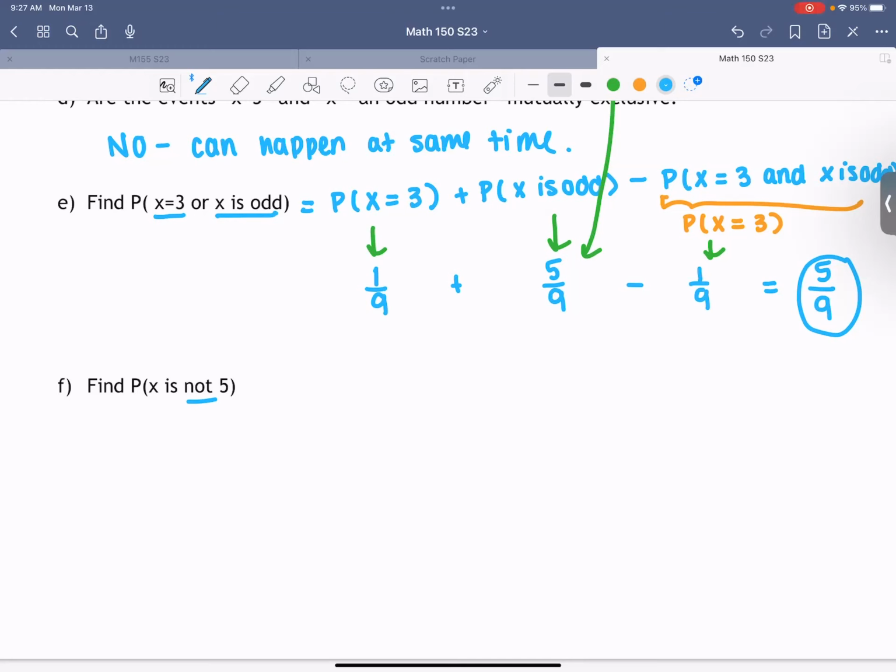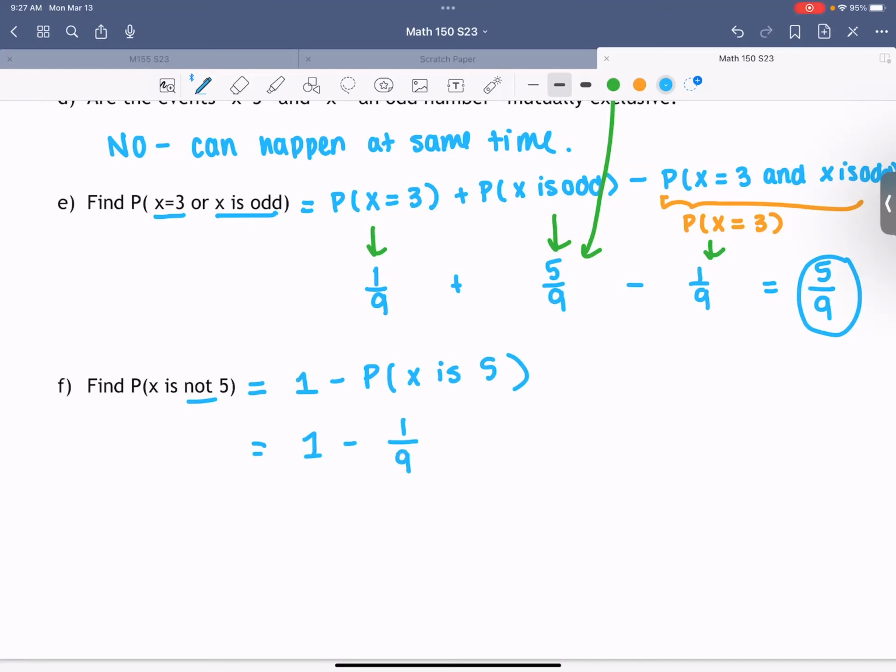So the probability that x is not 5 is 1 minus the probability that x is 5, right? Not 5 and is 5, those are opposites, right?